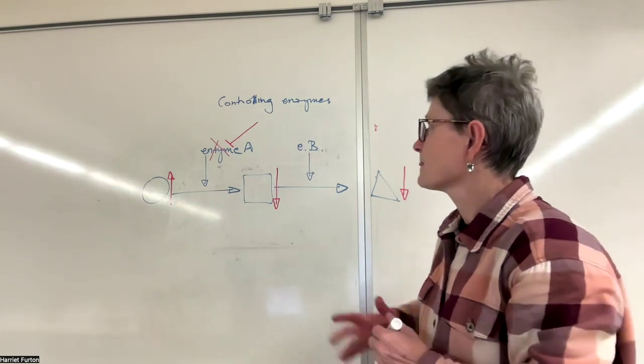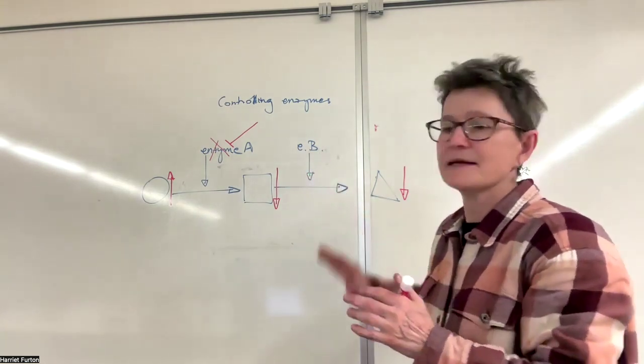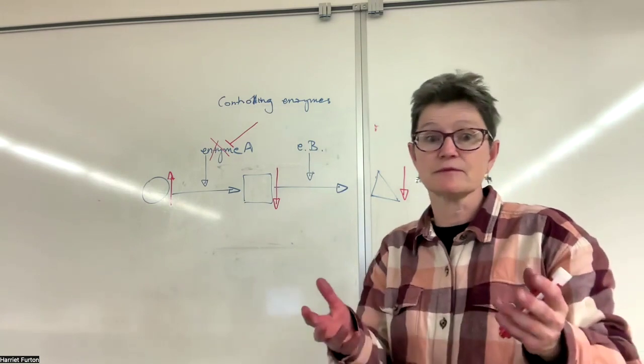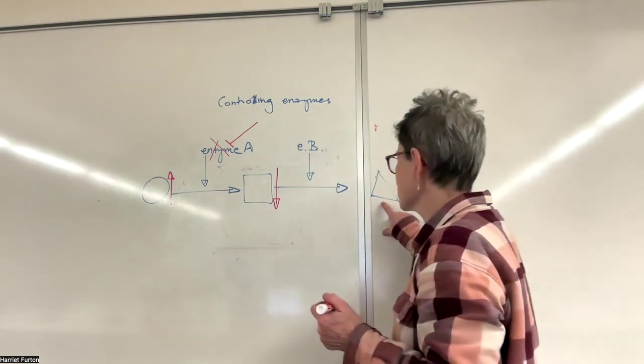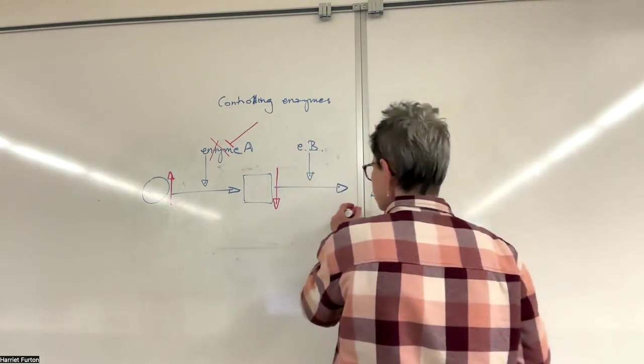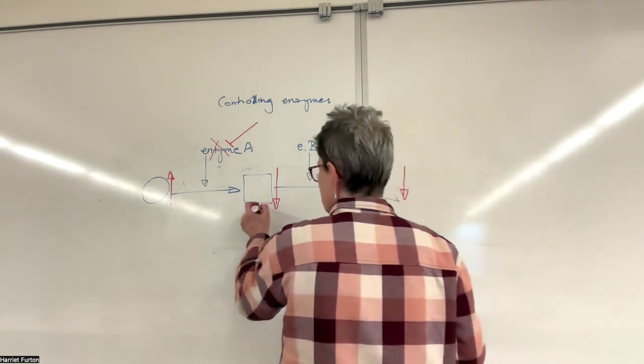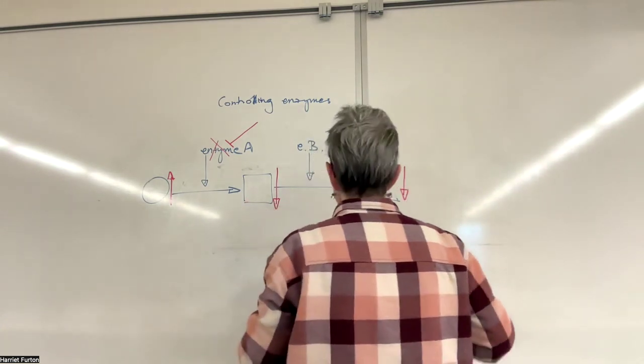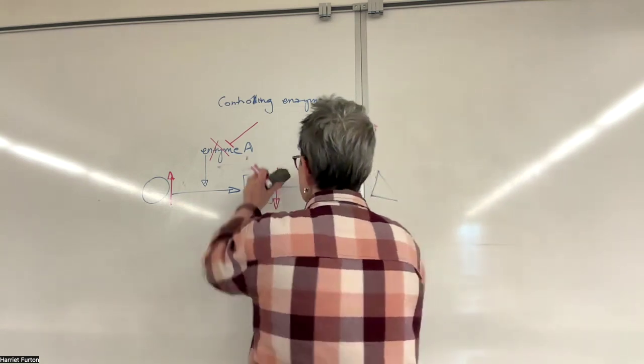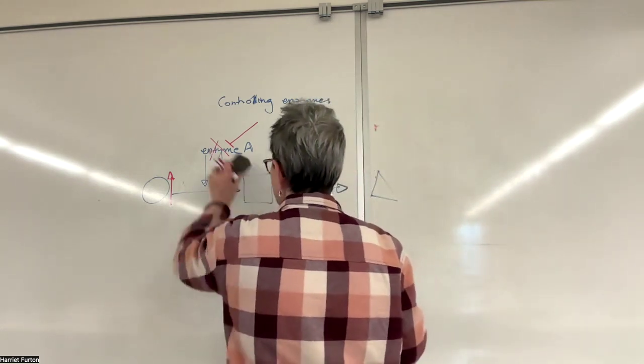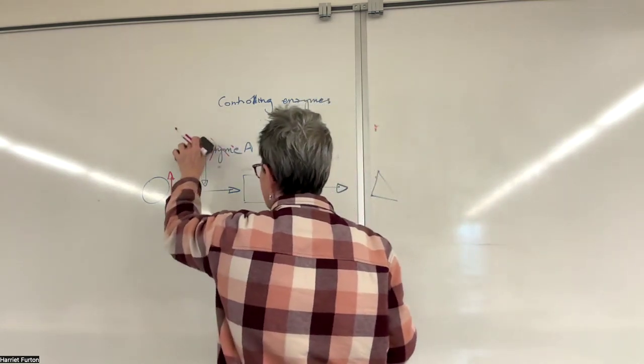Okay, so the enzymes can be controlled this way, or sometimes the product, if we have too much. So this is one option. Sometimes the product is controlling the enzyme.